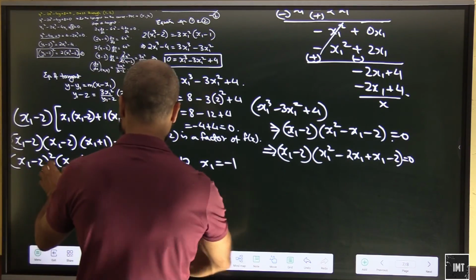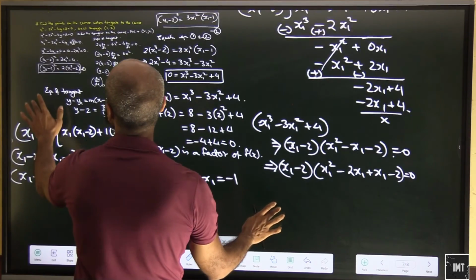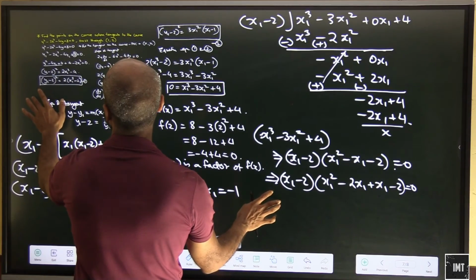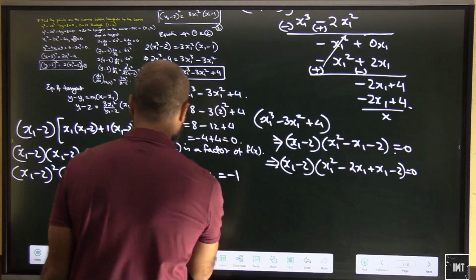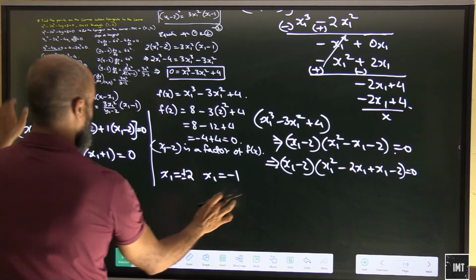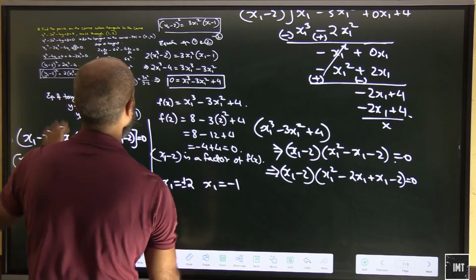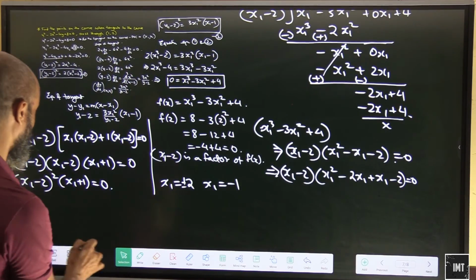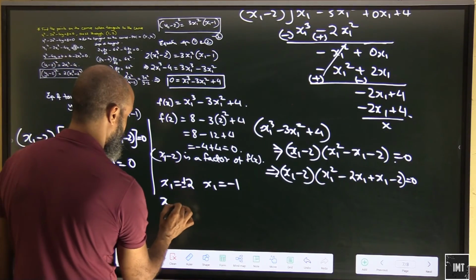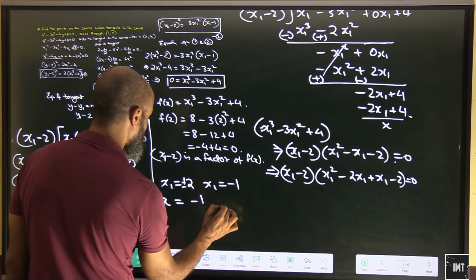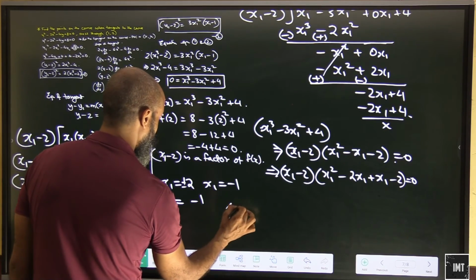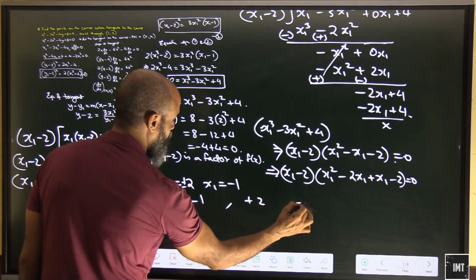What are we supposed to basically find out? We are supposed to find the points on the curve with the tangents to the curve pass through (1, 2). So the points will be what? So the points for x are x = -1 and 2, and -2.